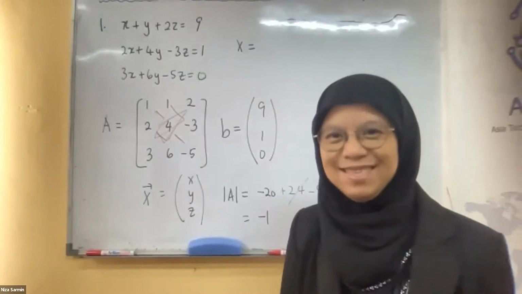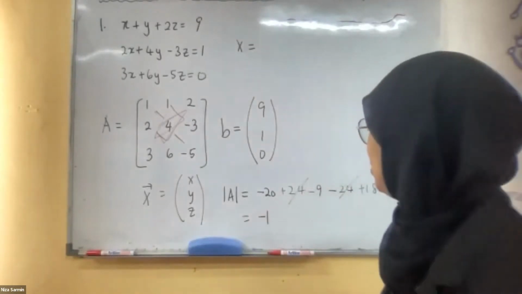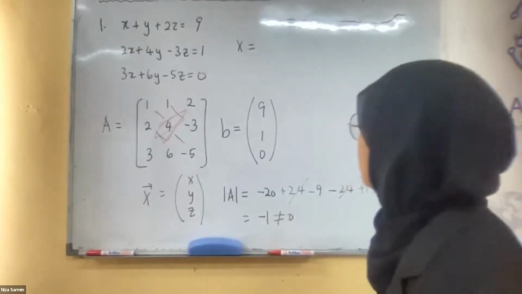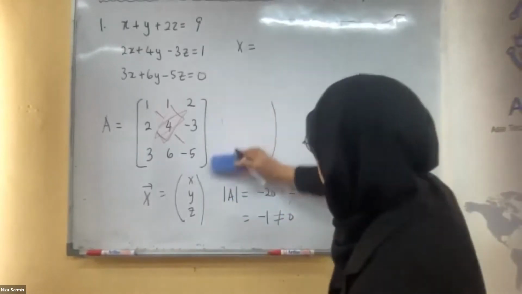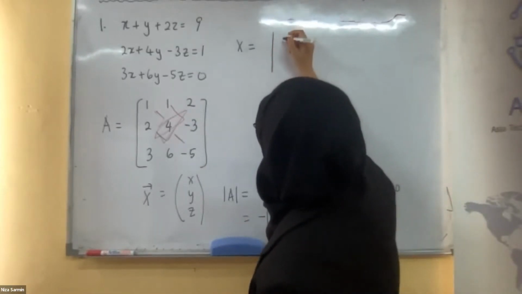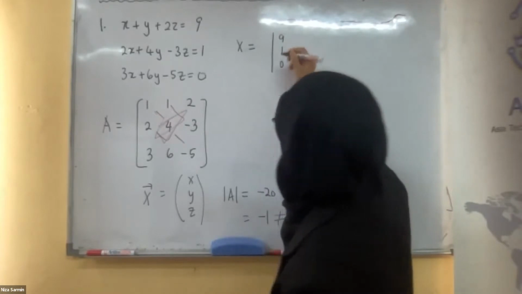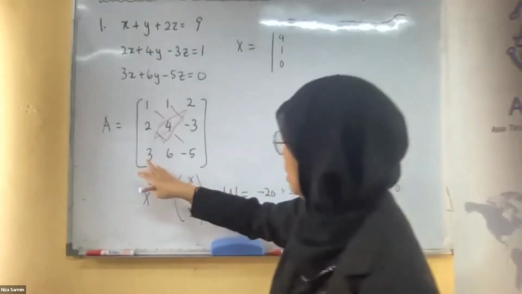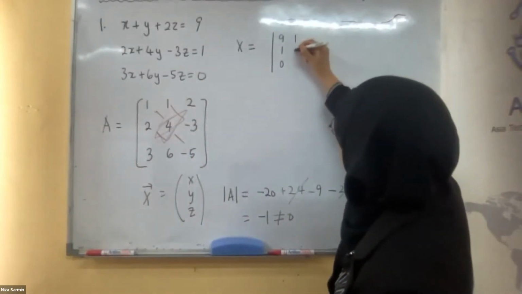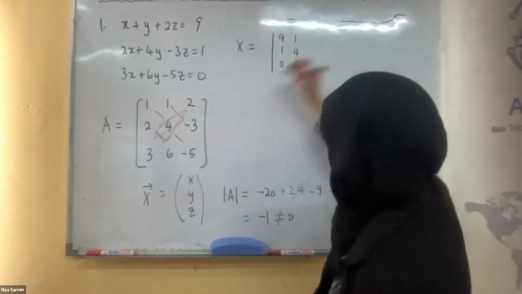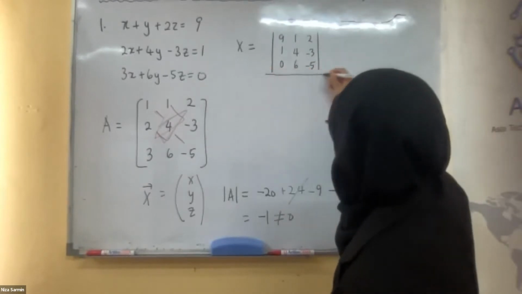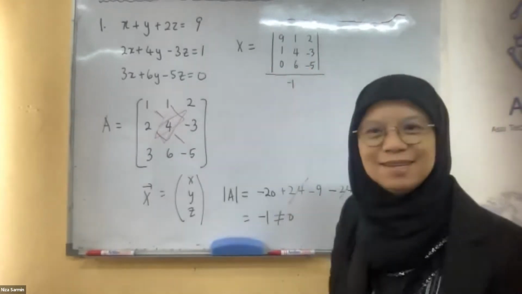Okay, so the determinant is not 0, so the inverse exists. So X is the determinant of A with the first column replaced by B, and the rest you follow, copy, over negative 1.